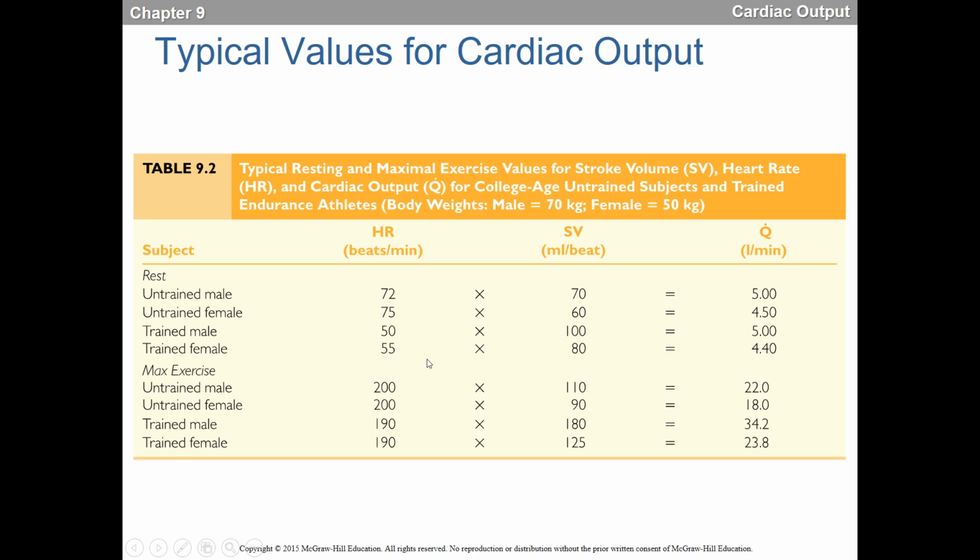Say this is 20-year-old individuals, 220 minus your age, 200 goes down to 190. So exercise training seems to reduce our max heart rate, but we have a massive increase in cardiac output due to the extraordinarily high increase in stroke volume.